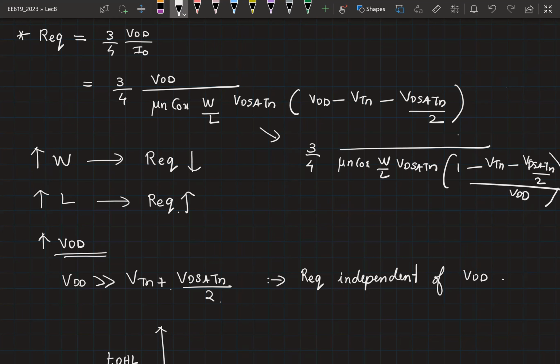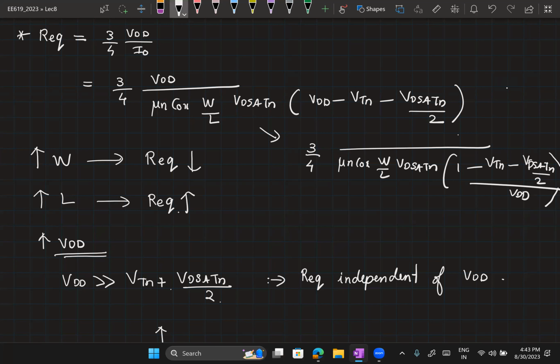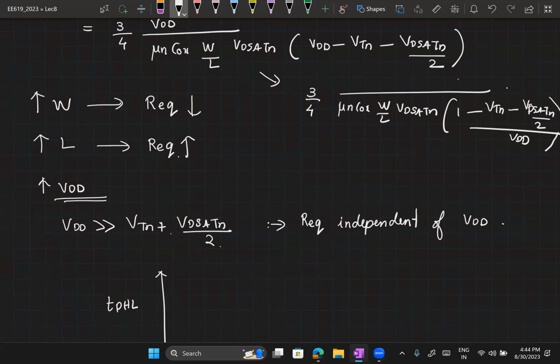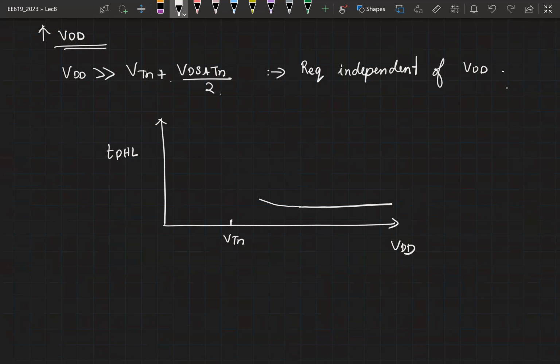If your VDD is very large, it is 1 minus a negligible factor. It is not going to make any changes, which is why you expect to see your delay to be constant. Now, as this factor becomes a significant portion of 1, you will see that the R equivalent value will increase. Therefore, your delay is also going to increase. So you will see that the delay will slowly start increasing like this.